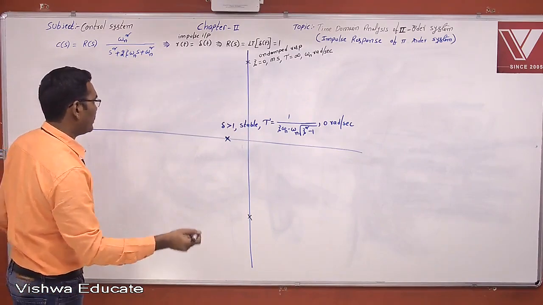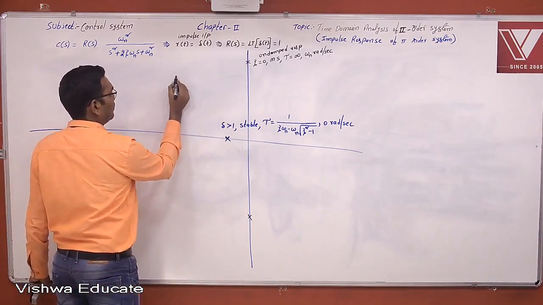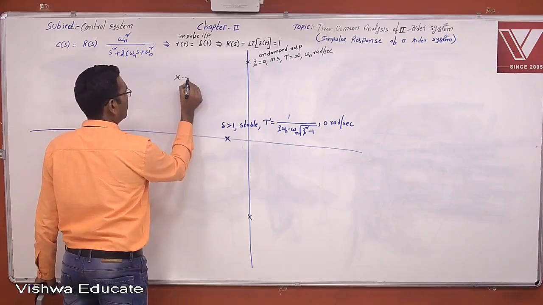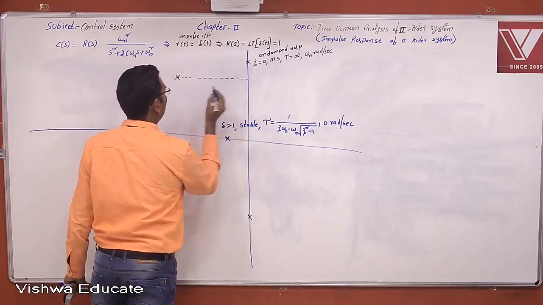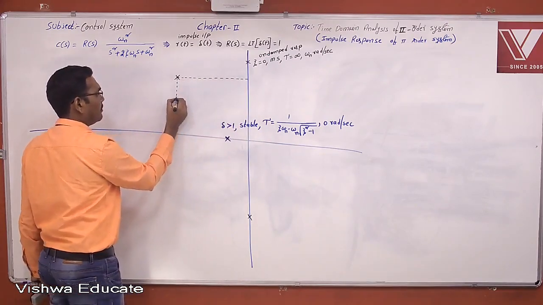Now when damping factor zeta is less than 1, poles are complex conjugate.